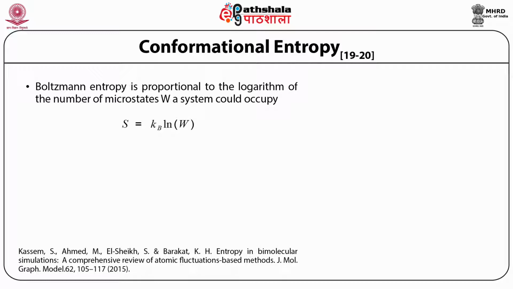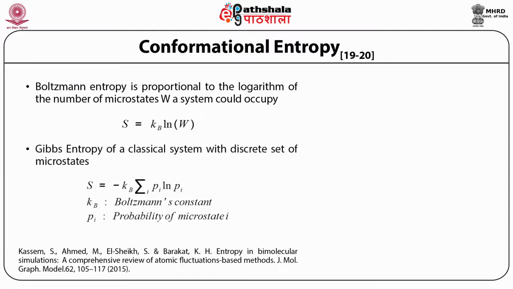And if you look at the Gibbs entropy, which is the way we would like to calculate this, if the probability of a microstate is pi, then it will be minus kB summation over all the possible states. Hence, one can calculate the conformational entropy very easily, provided one can actually cover all the states.